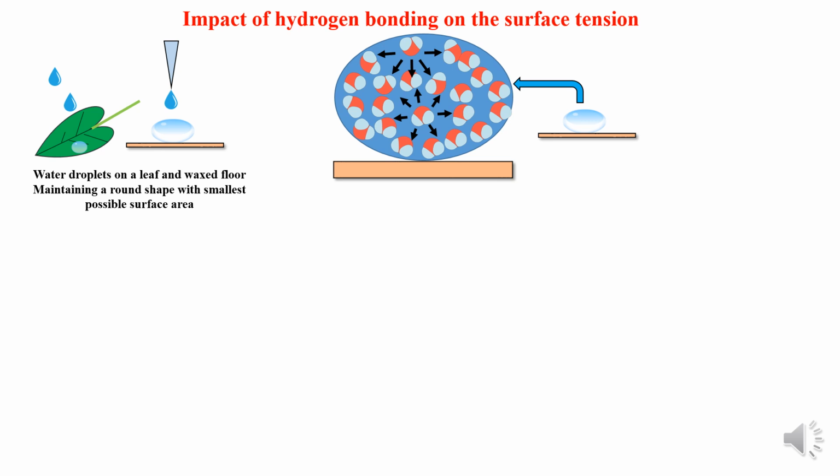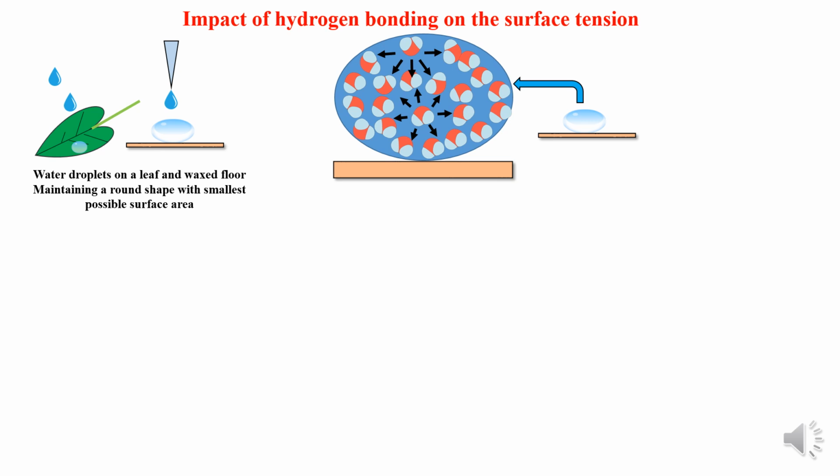Now, water molecules on the surface of a water droplet are pulled sideways and downwards, but not upwards, because there are no molecules on the top of the surface of the water droplet to pull them upwards.